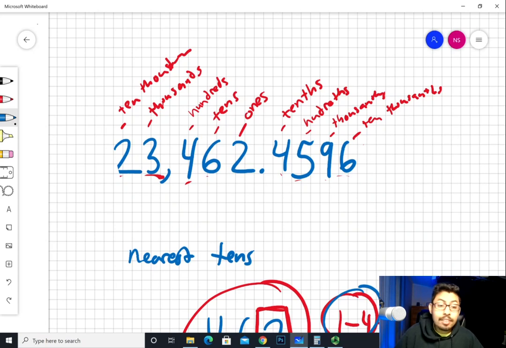If they tell you round 23,462.4596 to the nearest hundreds, if you don't see a TH, you'd be rounding this number there. But because the question had a TH, round this number to the nearest hundredths, we have to go to this one here. That's the hundredths, the TH.